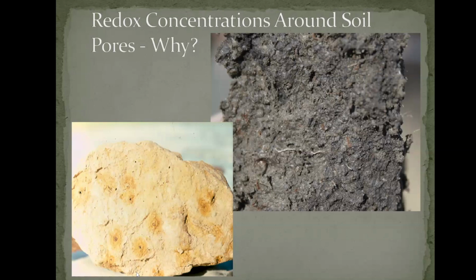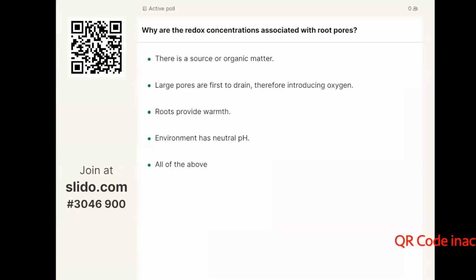So remember this picture, and then here's the question. The next question should pop up on your screen if you still have your phone or website logged in. The question is, why are redox concentrations associated with the root pores?